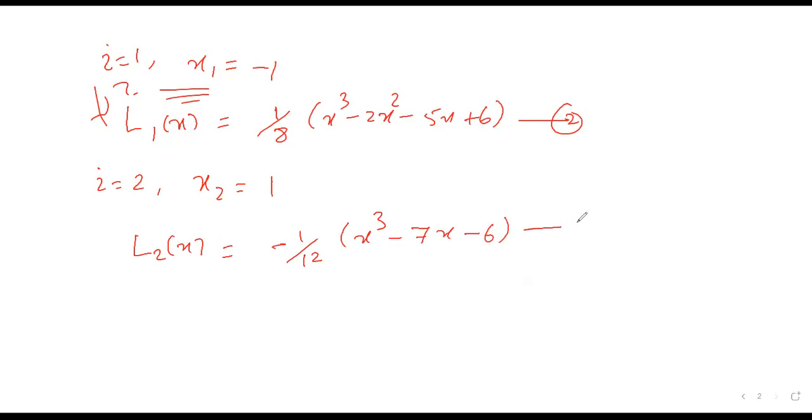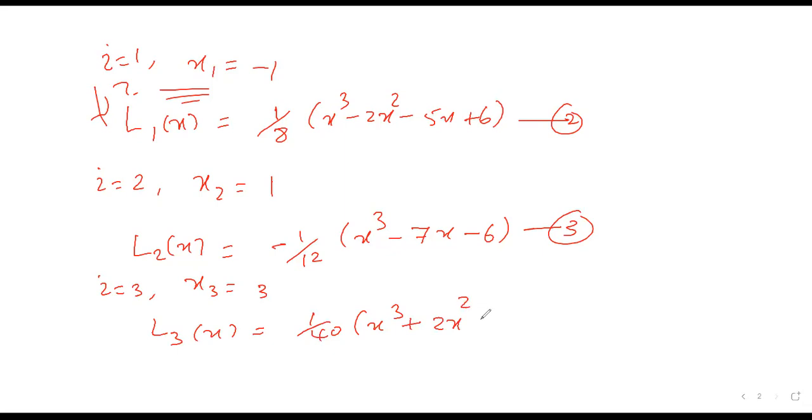Then i is equal to 3, if my x3 is equal to 3, L3 of x. Sorry, it goes up to L3, no? 1 over 40 x cubed. Don't simplify more. Just keep it like this. We can simplify later, not now.